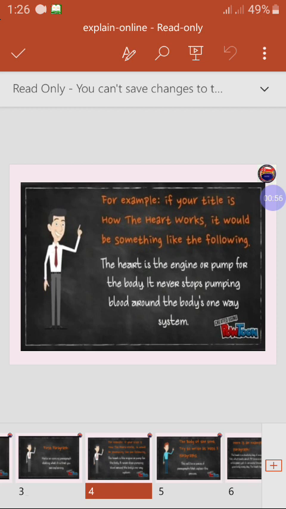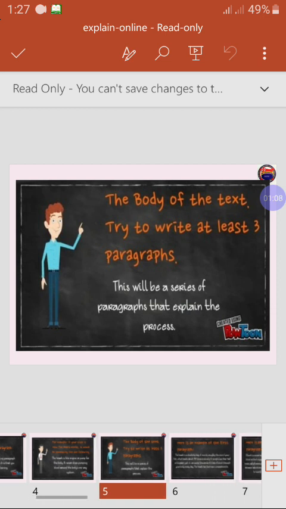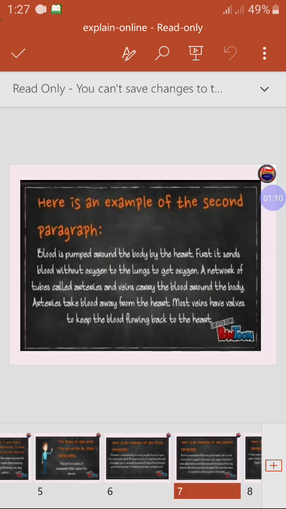Then let's move to the body paragraphs, and as we said, it could be 2 or 3 body paragraphs. These paragraphs are a series of paragraphs that explain the process, or each stage of the process. Let's see an example of it. Blood is pumped around the body by the heart. First, it sends blood without oxygen to the lungs to get oxygen.